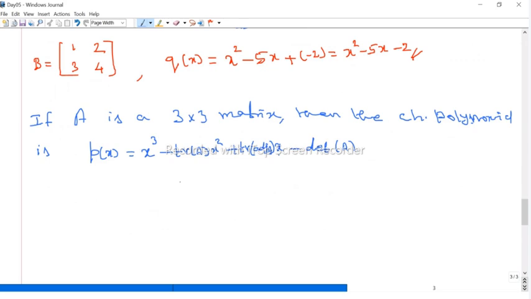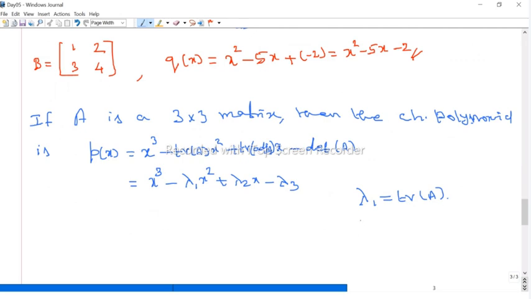Or in general I can write this as x cube minus lambda 1 x square plus lambda 2 x minus lambda 3, where lambda 1 is nothing but the trace of the matrix.